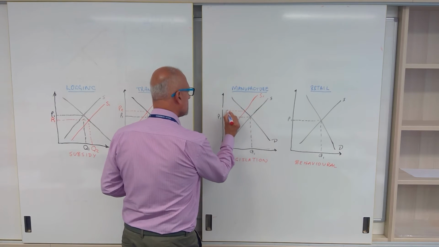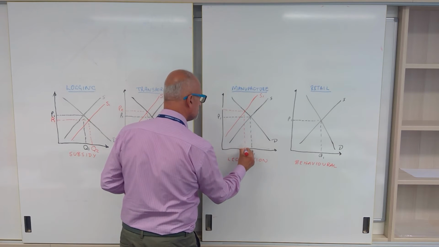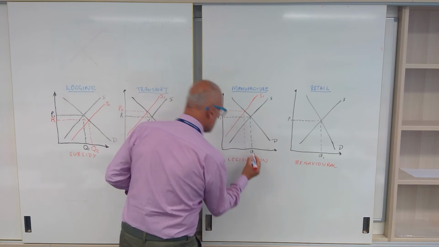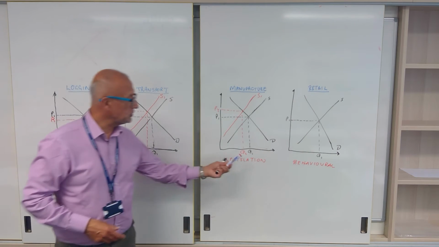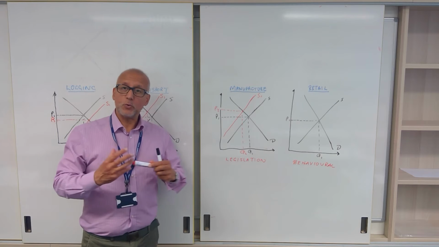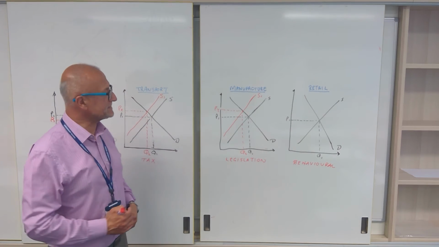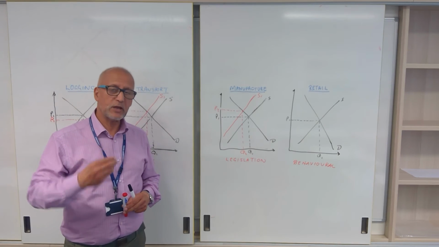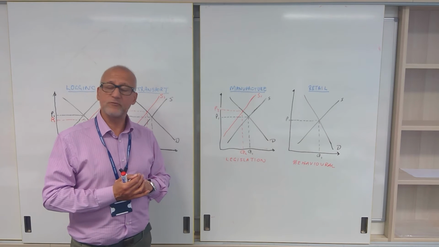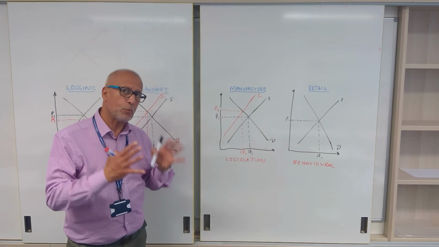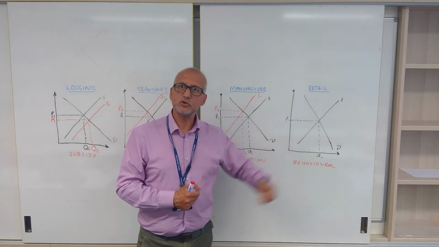The impact of this would be to increase the price of the product to P2 and reduce the quantity being produced to Q2. Okay, so although that's happened, the number of people who are being employed in that industry are now being paid a fair wage and fair terms, being given fair terms of employment, and so we've dealt with that externality also.